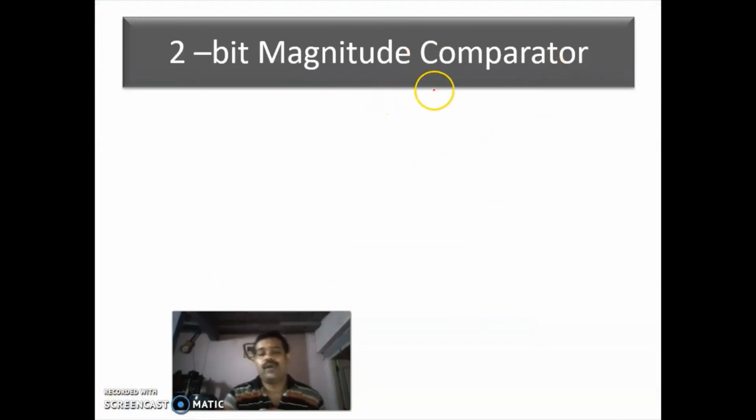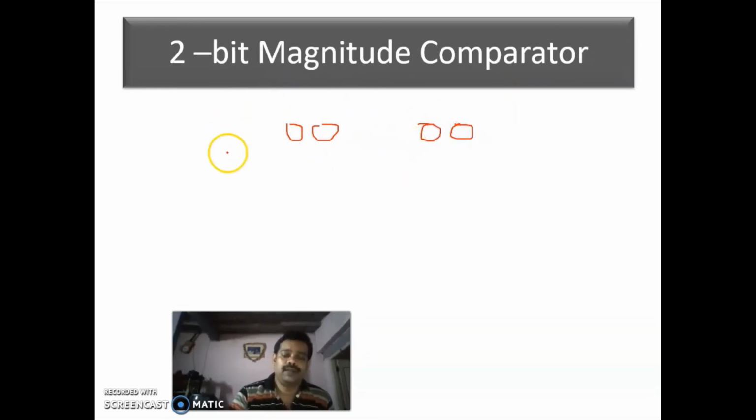Now you are going for a 2-bit magnitude comparator. A 2-bit magnitude comparator means you are going to compare two 2-bit numbers. You know that if you are having 2 bits, those 2 bits will have 4 combinations.